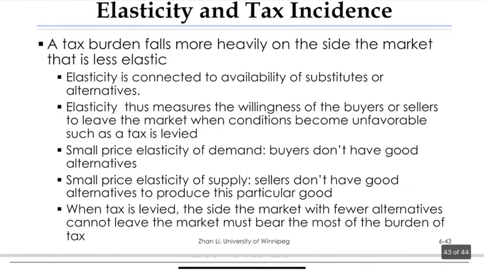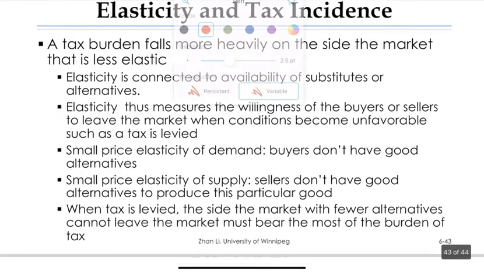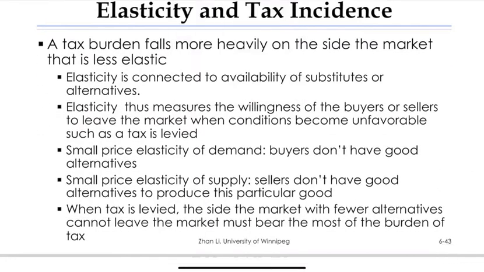So the result is the tax burden falls more heavily on the side of the market which is less elastic, right? So what's the intuition here? Well, think about why. Let's assume demand is inelastic, right?